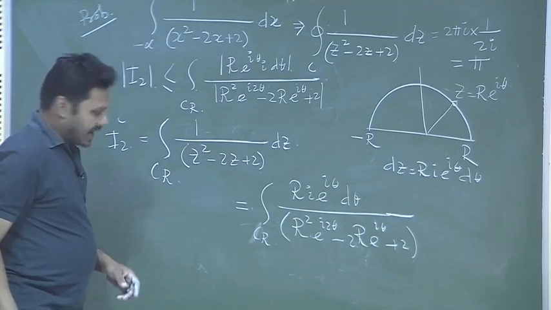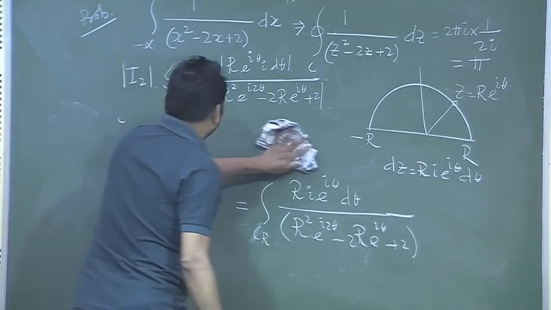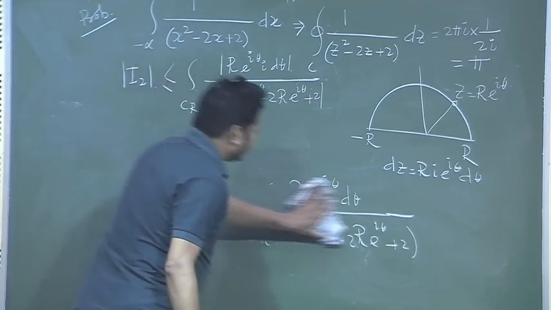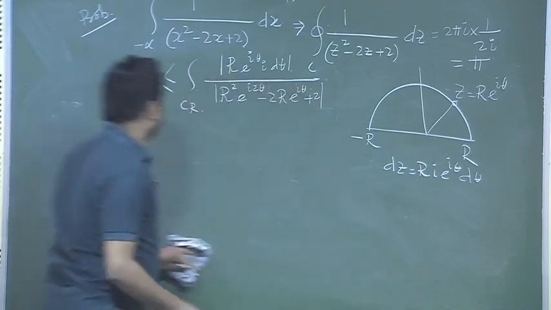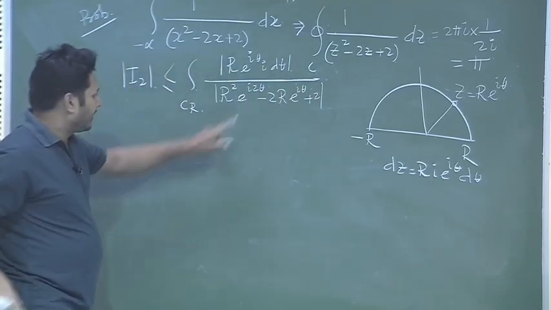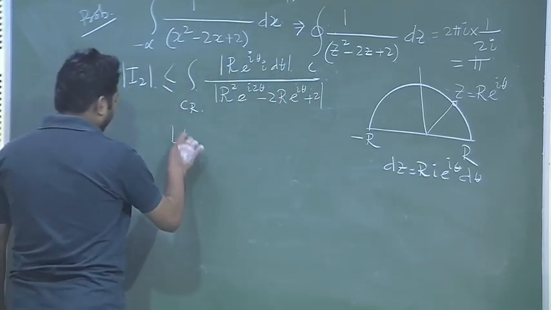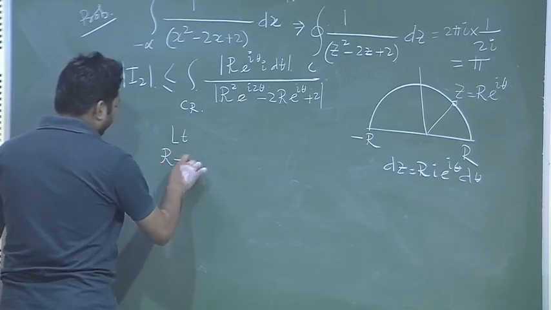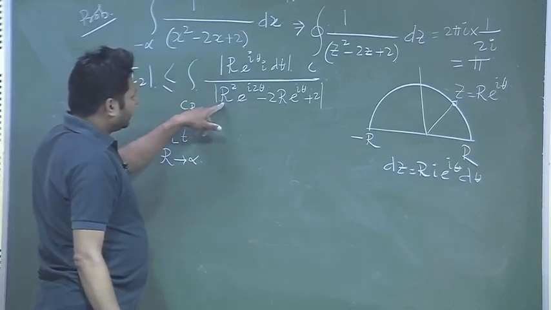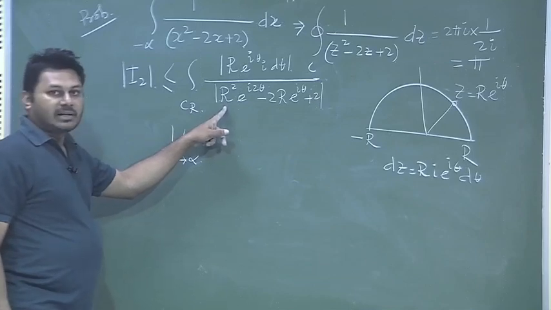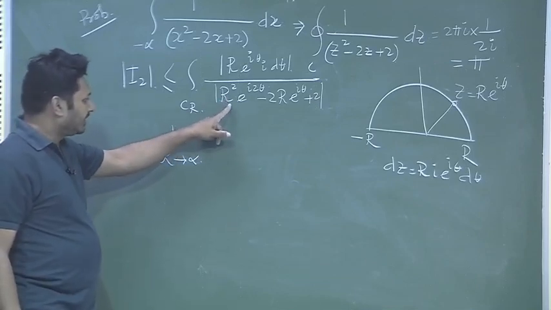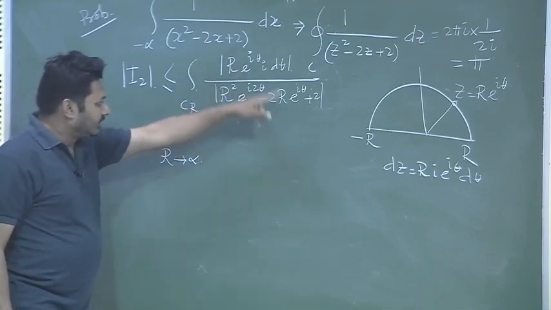As I mentioned, my aim here is to find out the integration when r tends to infinity. In the limit r tends to infinity, this function has r in the numerator, so 1 by r is a constant and does not depend on theta.